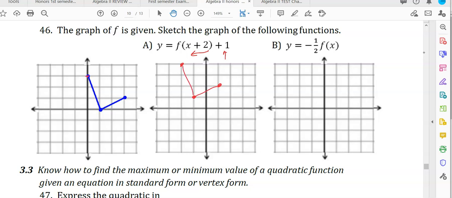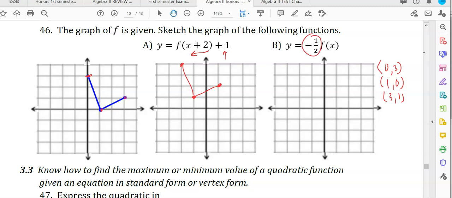So negative 1/2 x. So not a bad idea to write out the ordered pairs of the parent function here, which would be 0, 3. Talk about these 3 points. 1, 0, 3, 1. Multiply all, this should take care of it.